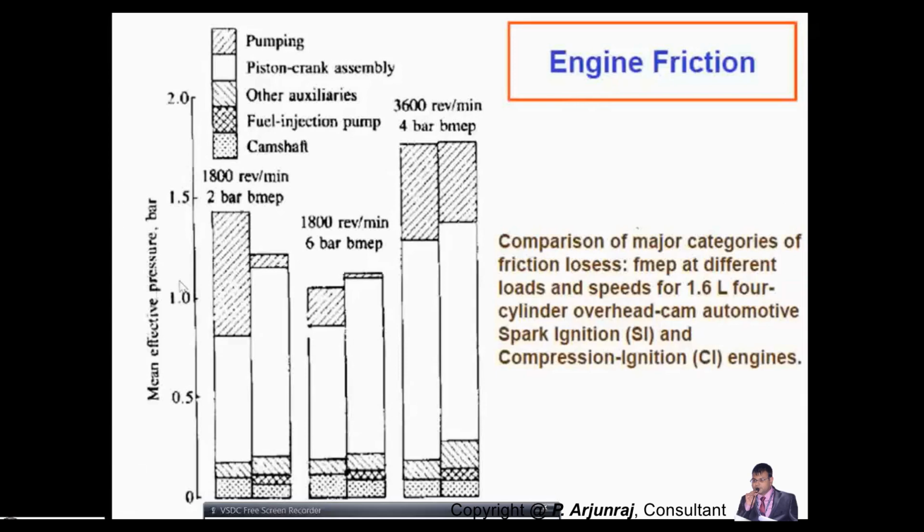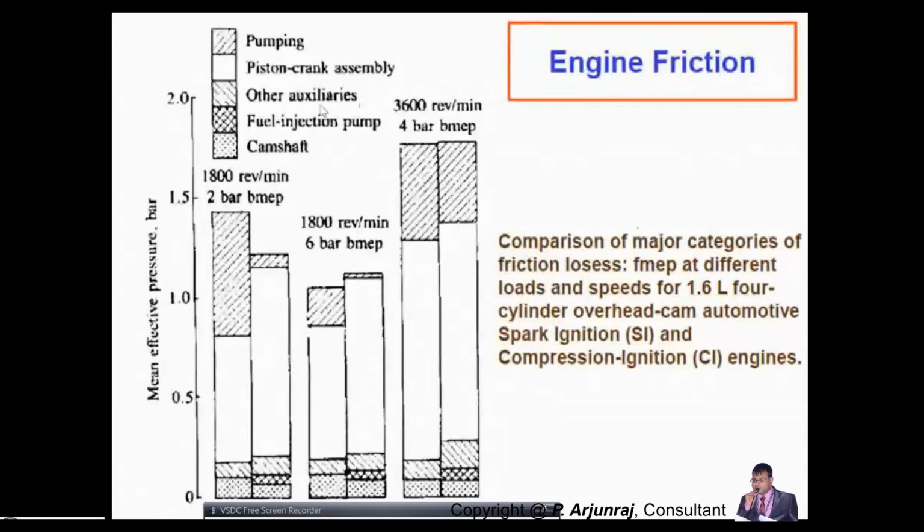So this is the mean effective pressure on the y-axis, and here you have four types of friction mean effective pressure. With respect to the pumping loss, pumping loss is highlighted in dashes, as shown by the cursor. The piston crank assembly friction is shown in blank, without any dots or dashes.